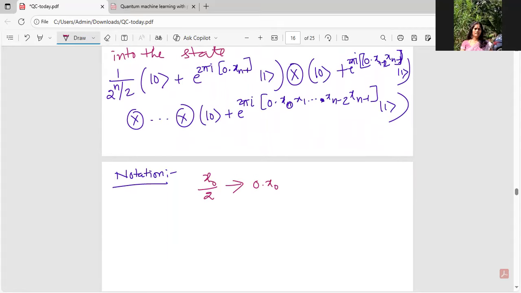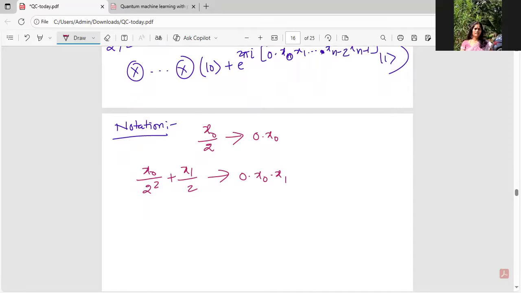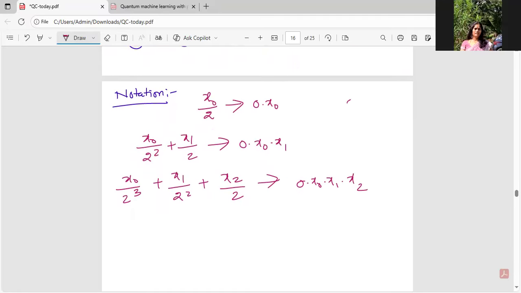Then x_0 by 2 squared plus x_1 by 2, that I am representing by 0.x_0 x_1. Next, you will understand the rhythm. x_0 by 2 cube plus x_1 by 2 squared plus x_2 by 2 is 0.x_0 x_1 x_2 and so on. This is written to represent the binary fraction, guys.